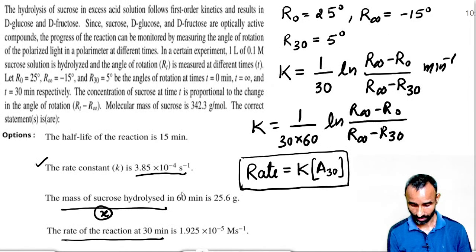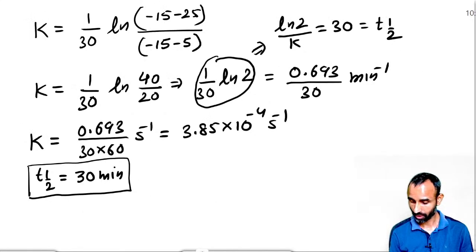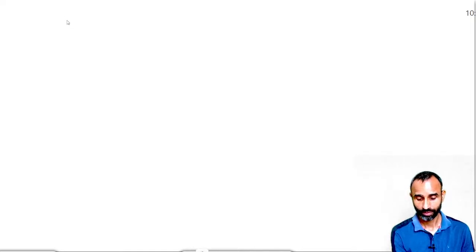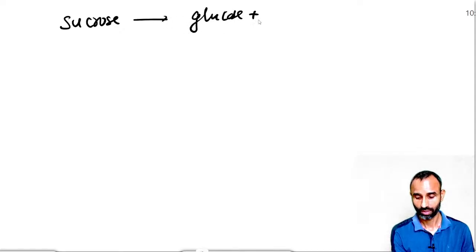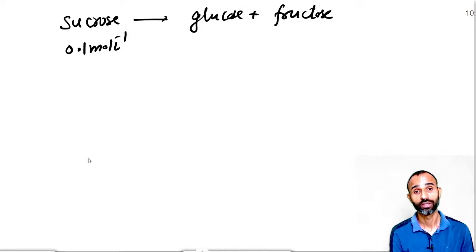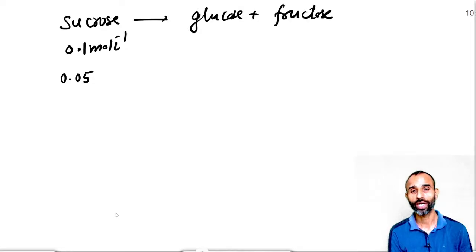From here, the initial concentration of sucrose is 0.1 mole per liter. So after 30 minutes, it becomes half, 0.05 molar.